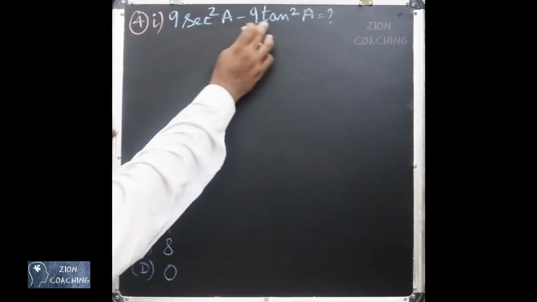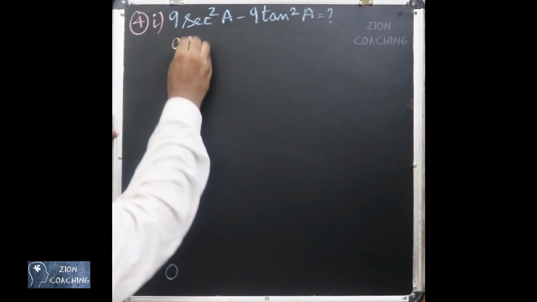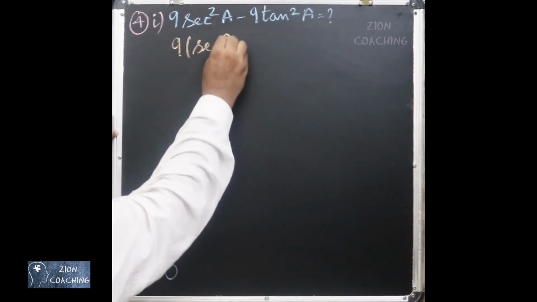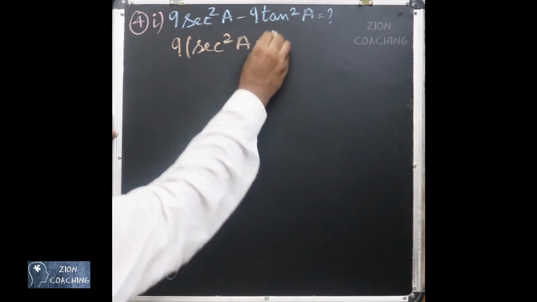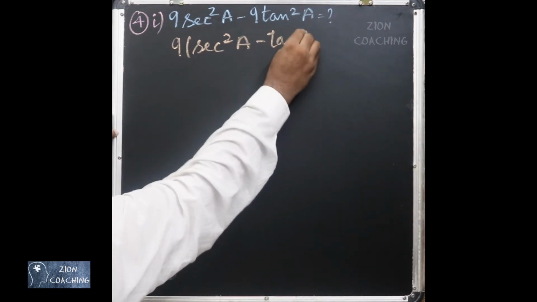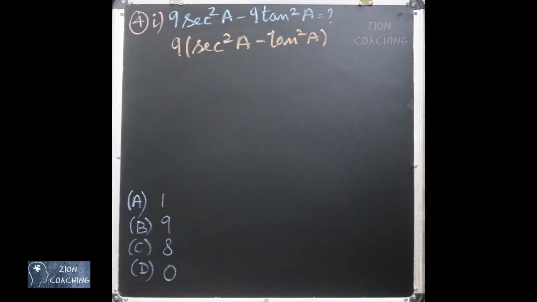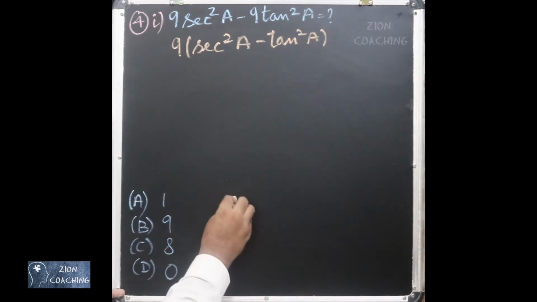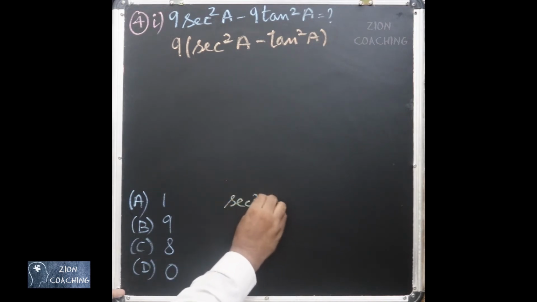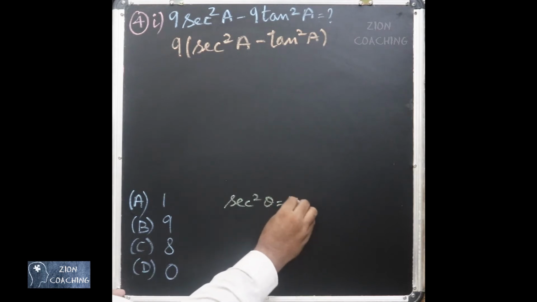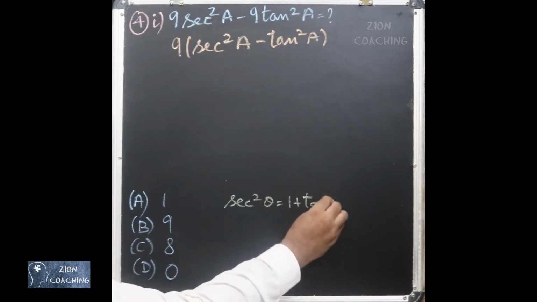Now, pulling out 9 commonly outside, you will have 9 into secant squared A minus tan squared A. You know that we have the identity secant squared theta equal to 1 plus tan squared theta.